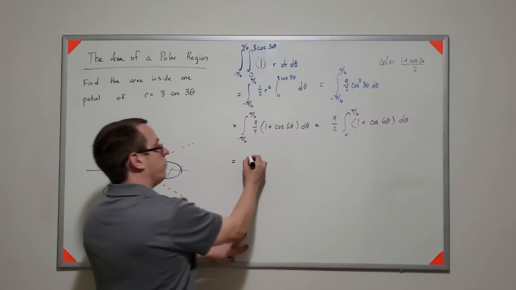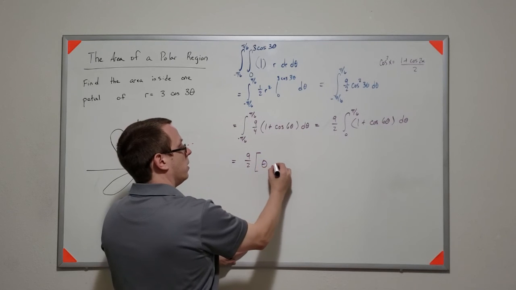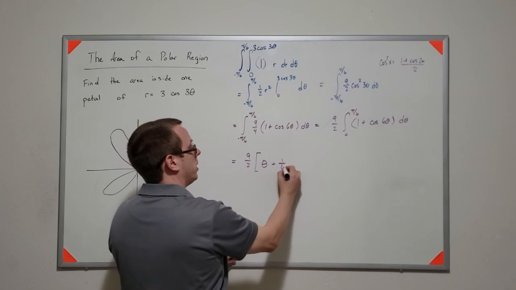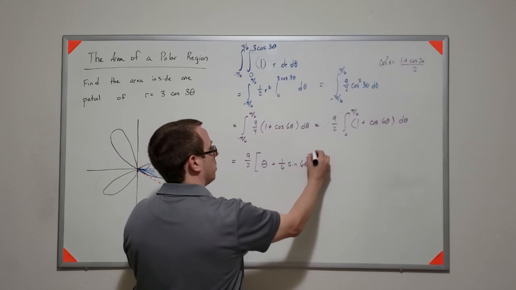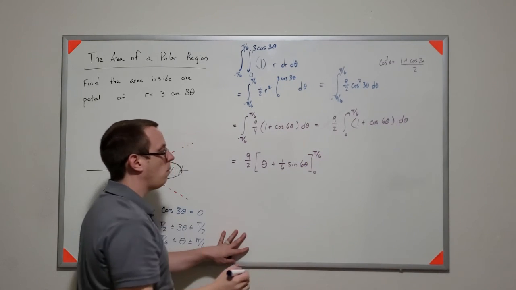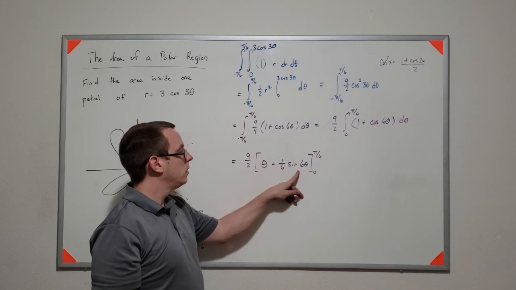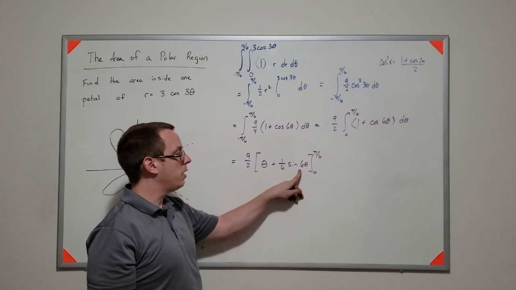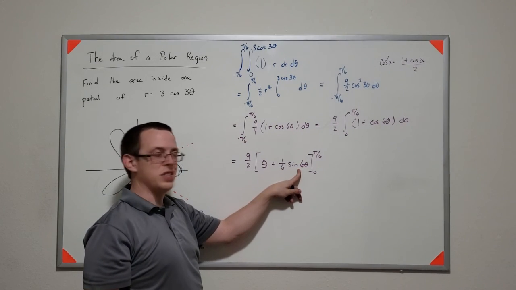Now I'll take the antiderivative: 9/2 times theta plus 1/6 sine of 6 theta, from 0 to pi/6. But in this particular case, sine of 6 theta, if I plug in pi/6, I get sine of pi, which is 0.